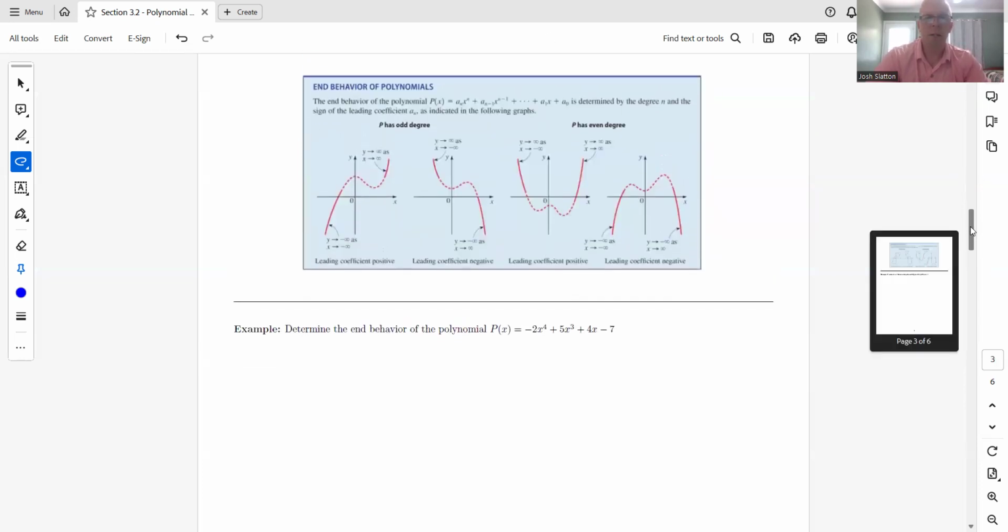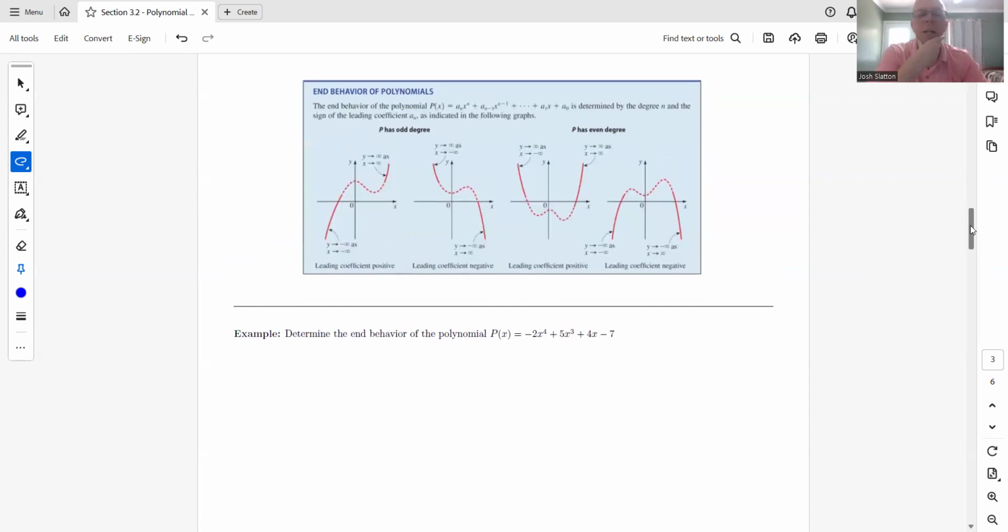So how do we decide that? The way you figure that out is you just look at the leading coefficient. In the example we're about to do, negative 2x to the fourth is the leading term, because it's the coefficient plus the exponent. So consider an odd degree, meaning the highest exponent is odd.